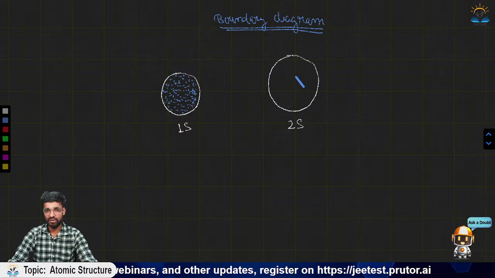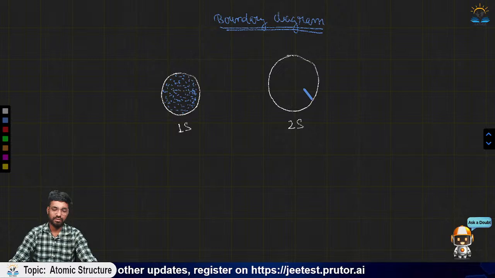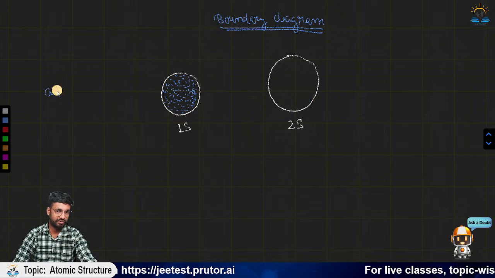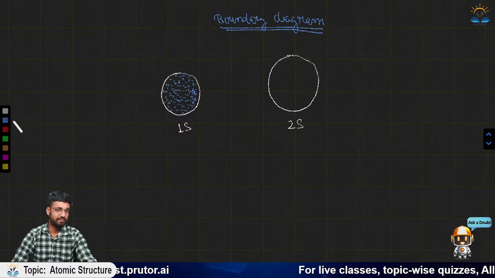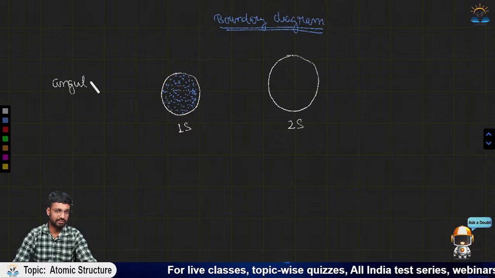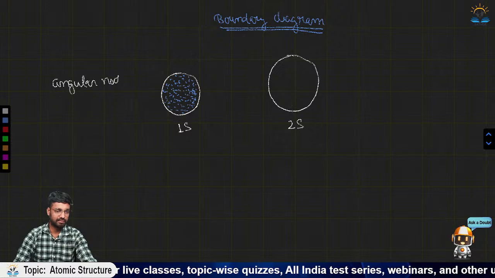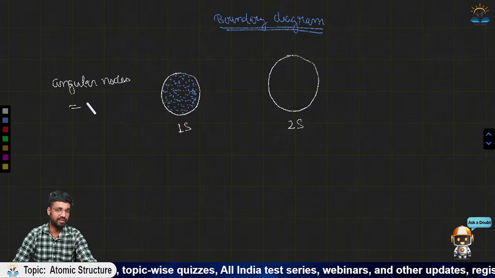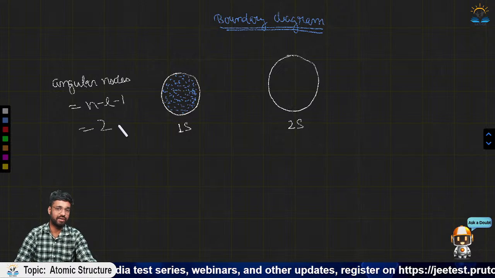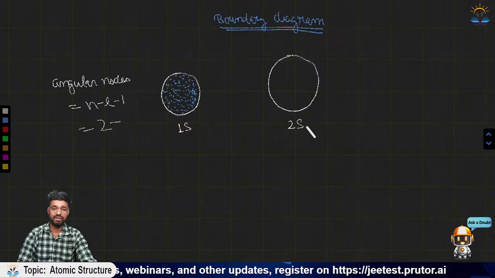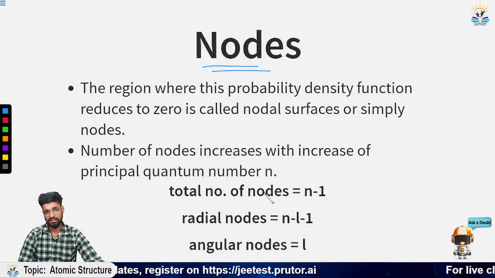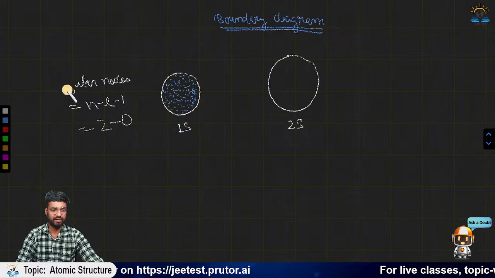But for the case of the 2s orbital, if you calculate the number of radial nodes, its value is n minus l minus 1. So 2 is the value for n. What is l here?